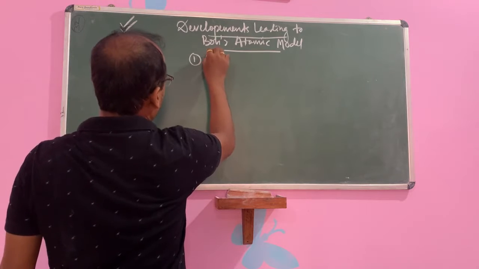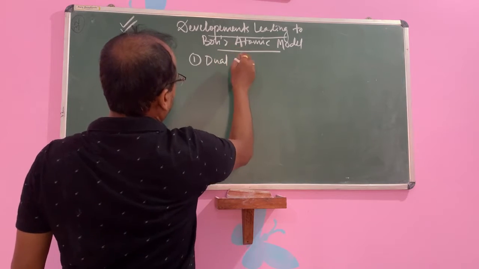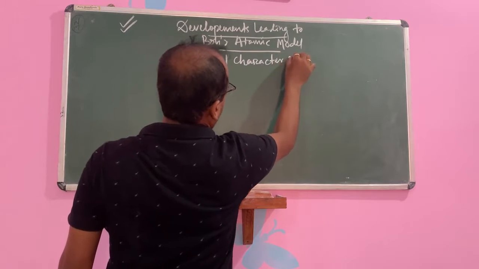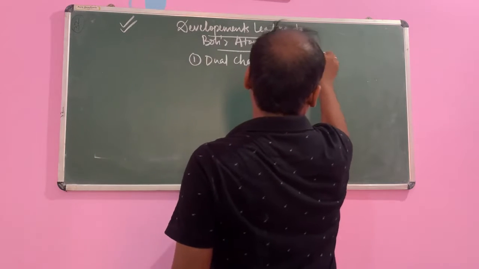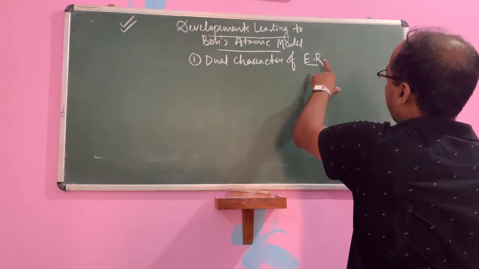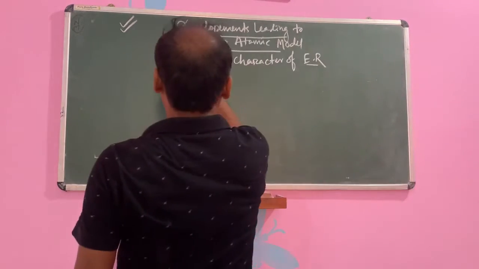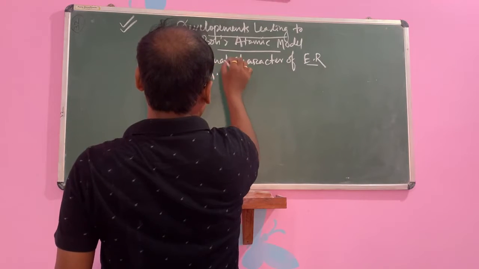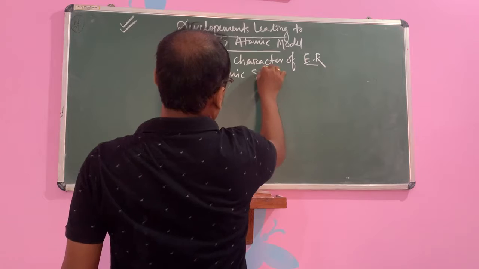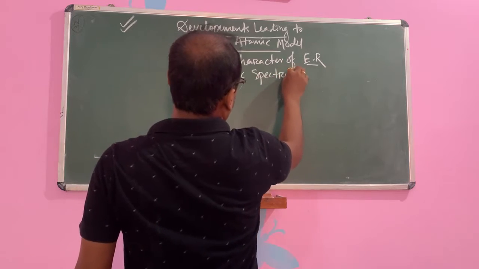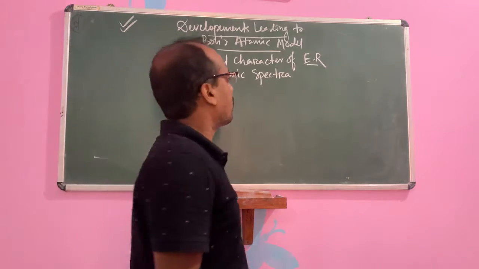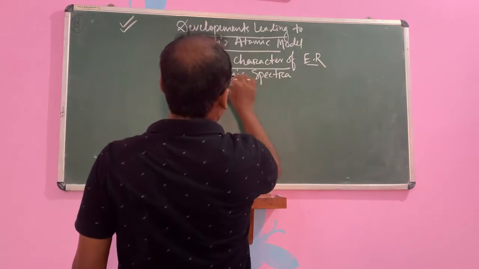These are first, dual character of electromagnetic radiation, ER, and second one is your atomic spectra. Spectra is your plural, spectrum is your singular. So we'll discuss one after another.